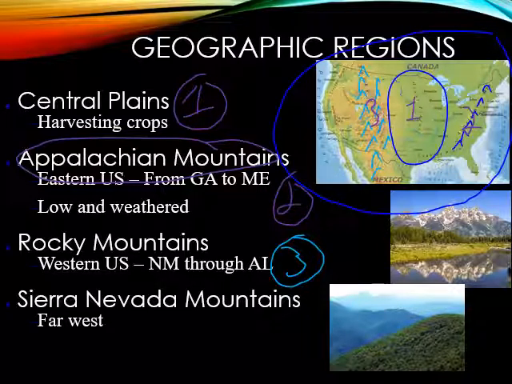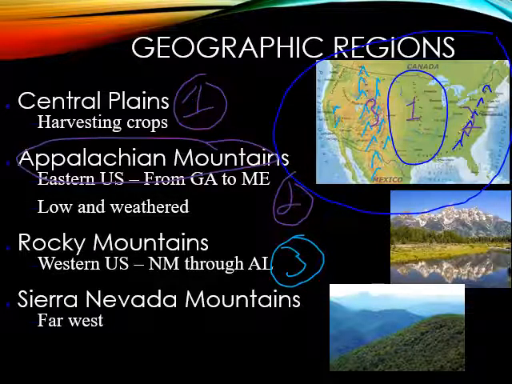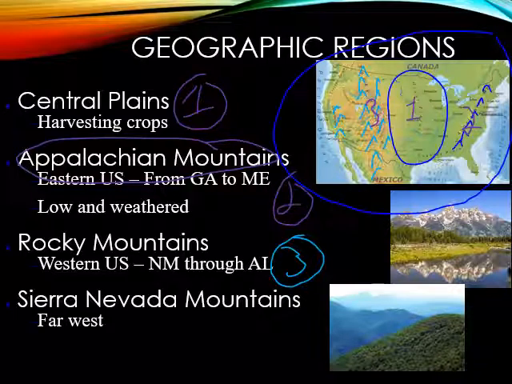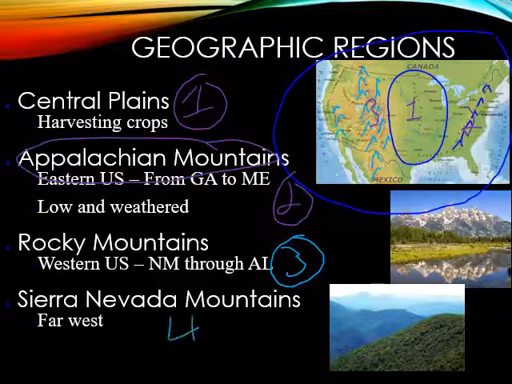And then on your map, you're also going to include 2 other mountain ranges, and one of them is down here on the very west side, just in California. Those are the Sierra Nevada Mountains, and Sierra Nevada Mountains are right here, number 4.